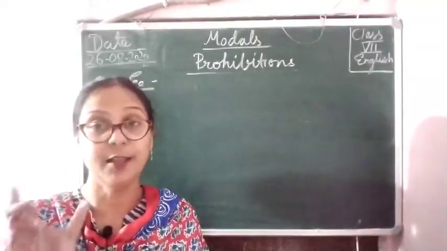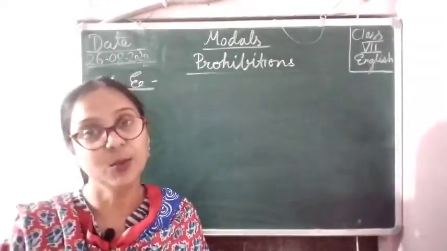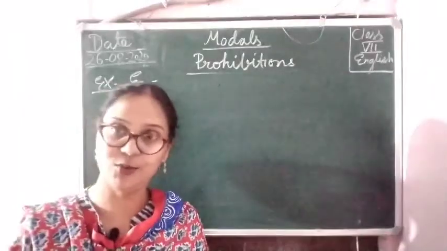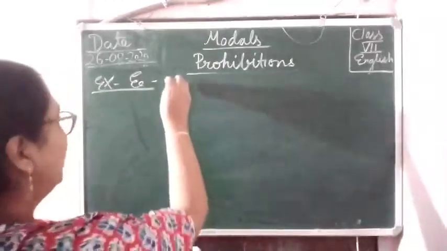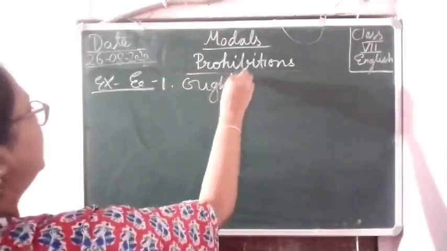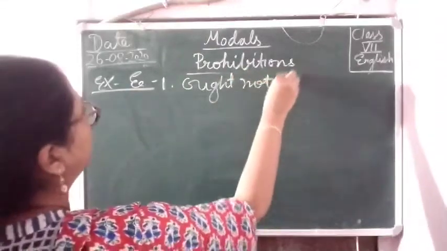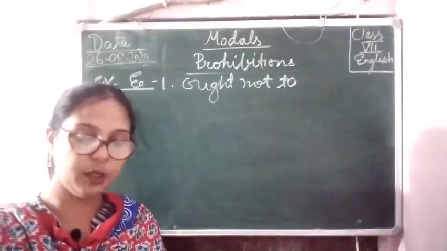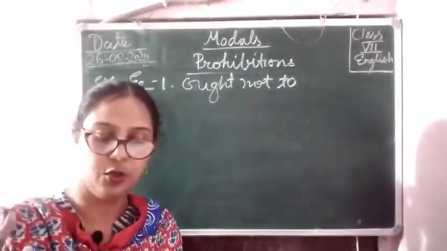In the bracket it is written duty. So for duty what are we supposed to use? You ought not to. So in first we are going to write ought not to.